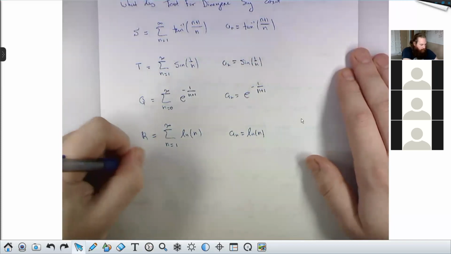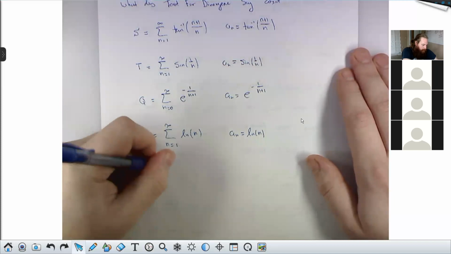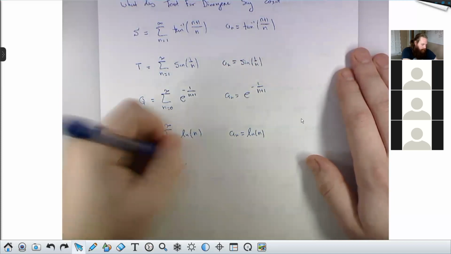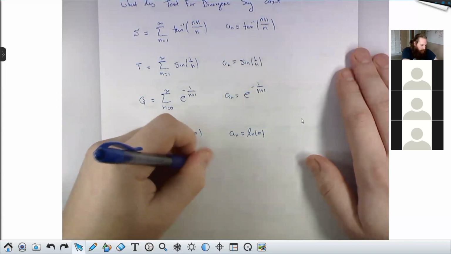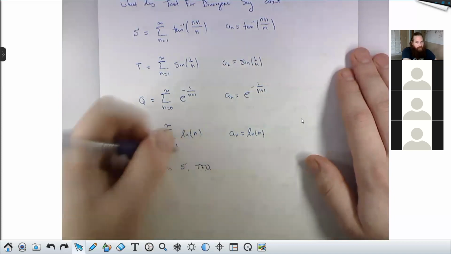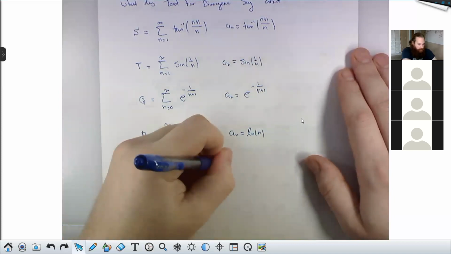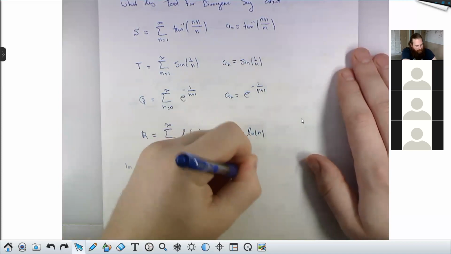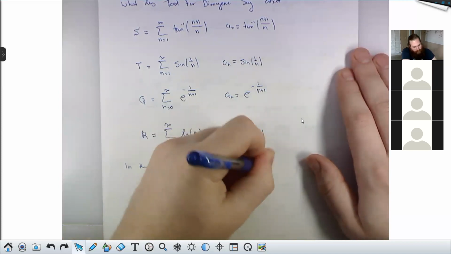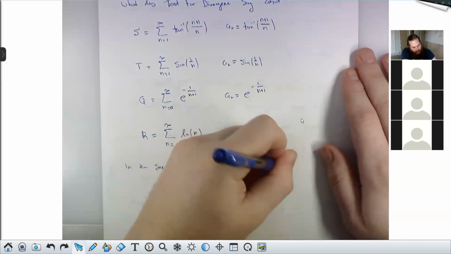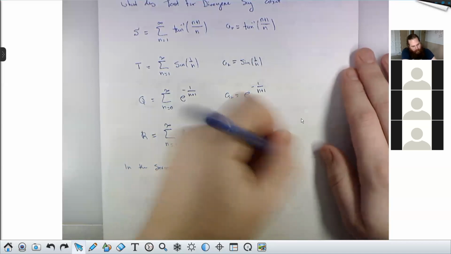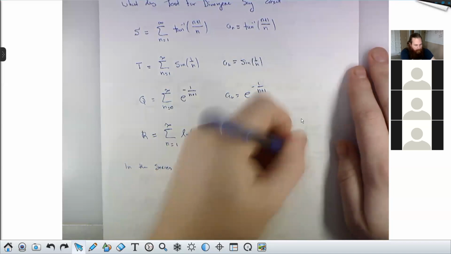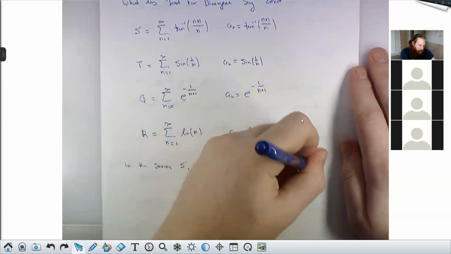So in the series S, TFD, that's my abbreviation for test for divergence, says what? The limit as n goes to infinity of AN here is the limit as n goes to infinity of the inverse tangent of (n plus 1) over n.